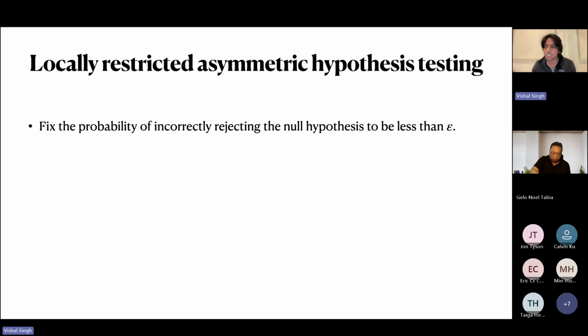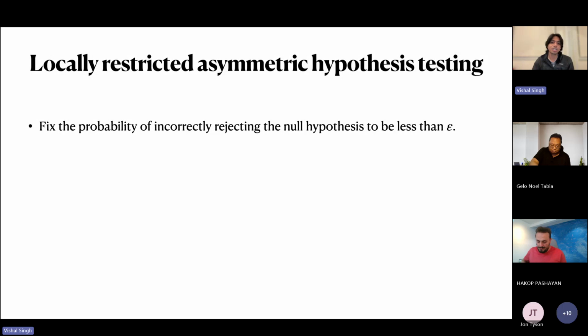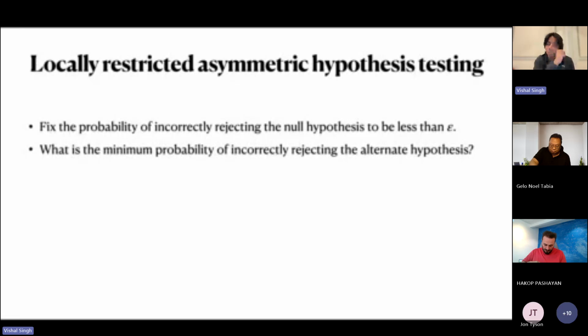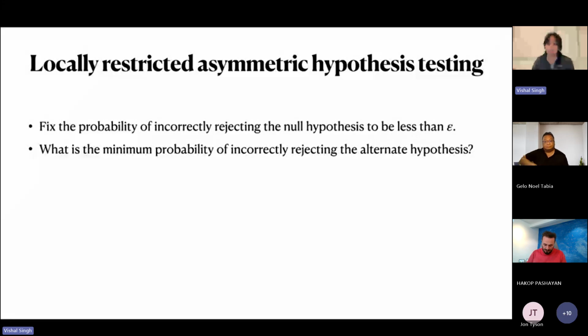So we want a measurement such that the probability that we incorrectly reject the null hypothesis is less than epsilon. And we want to ask the question, what's the minimum probability with which we reject the alternate hypothesis? Because of course, if there's something interesting happening, we want to know for sure. If there's something not so interesting happening, then it's okay.